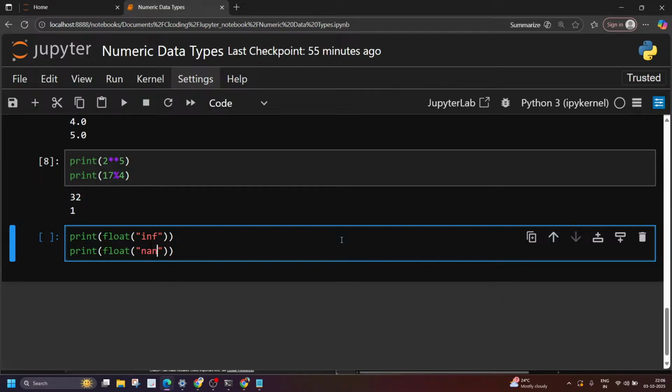So this is an example of infinity and NaN, which means not a number. So you have to answer its output in the chat. Here inf represents infinity and NaN represents the undefined numeric values.